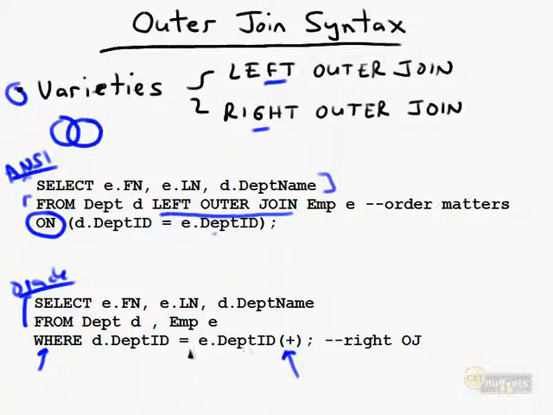So in this case, we're displaying a right outer join. So we have department ID equals employee department ID plus. So if we wanted a left outer join, we would just move this paren plus paren over here after the d.department ID. Kind of clever, isn't it? It's actually a little bit old-fashioned in my opinion, but it works.